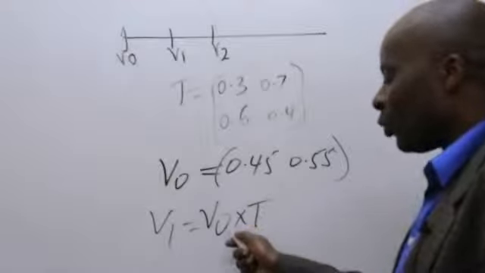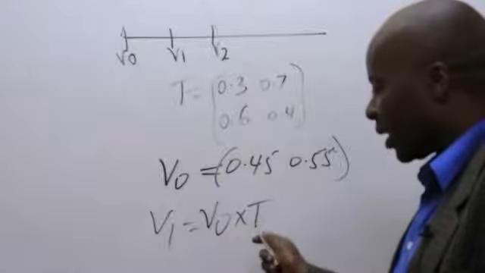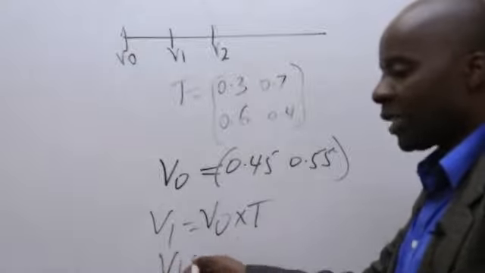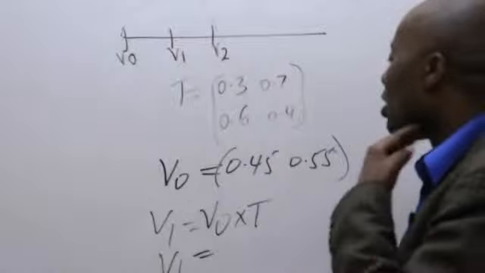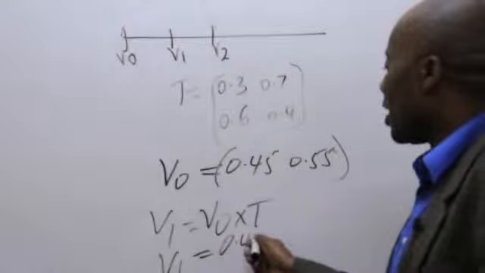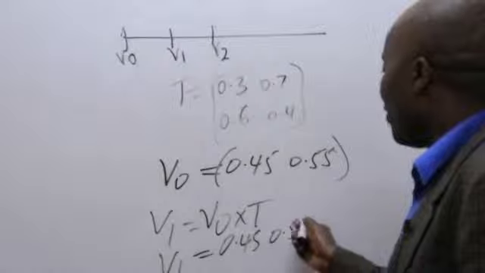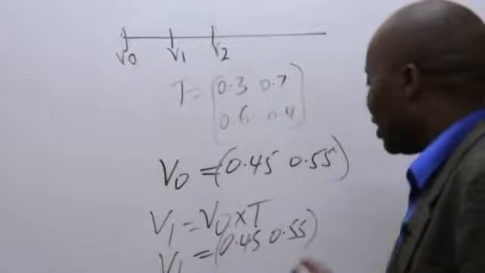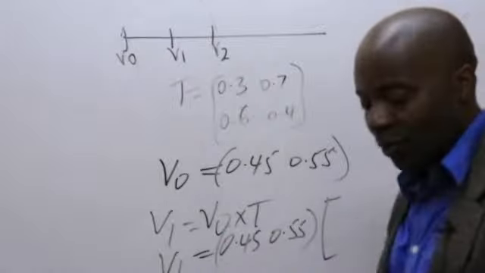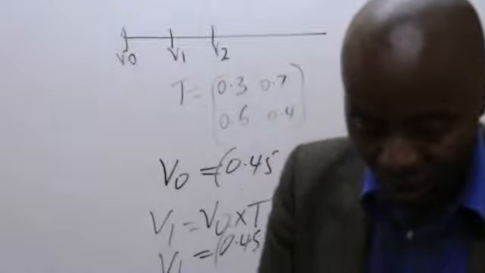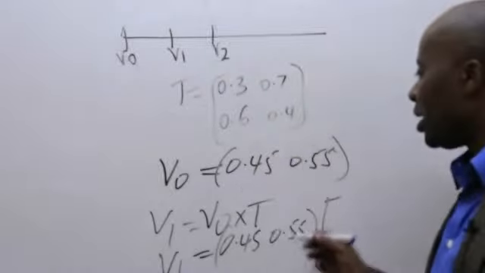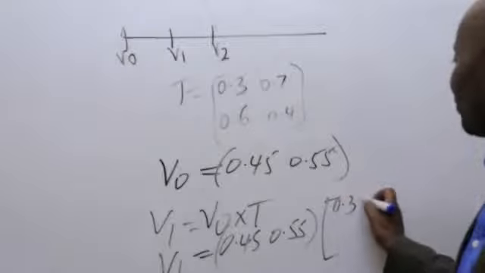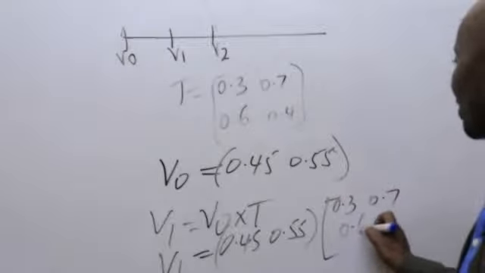Remember, you have to begin with a vector. Therefore, my vector 1 will be equal to vector 0, which I already have: 0.45, 0.55. And then I'll multiply this with the transition matrix. The T matrix here is 0.3, 0.7, 0.6, 0.4.